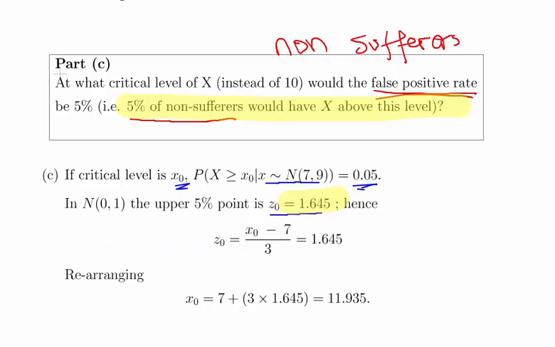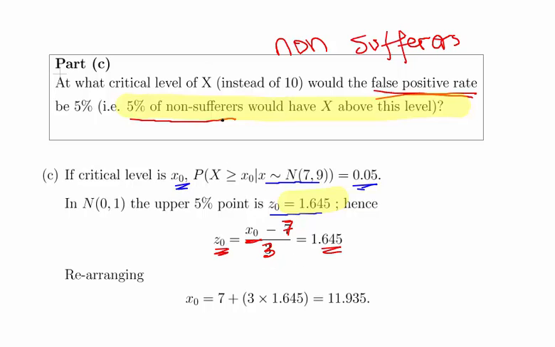So essentially what we have here is 1.645, and we're going to use our z-score formula to work backwards to find the corresponding value of x. Now remember, we are dealing with non-sufferers, so our mean is 7 and our standard deviation is 3.